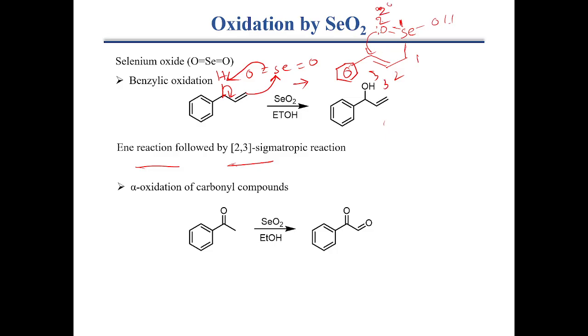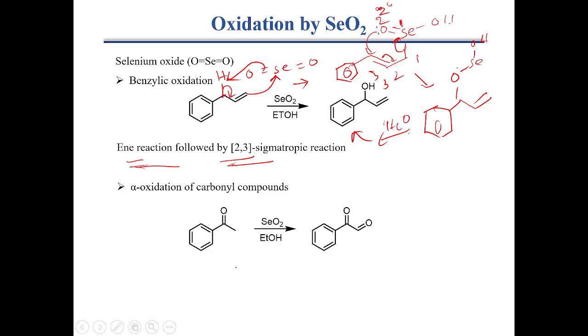That is why it is called a 2,3 sigmatropic reaction. After the 2,3 sigmatropic reaction, this will form, and in the presence of water or under hydrolysis conditions, this goes to the alcohol. So this is the mechanism of selenium dioxide: it proceeds through an ene reaction followed by a 2,3 sigmatropic reaction.